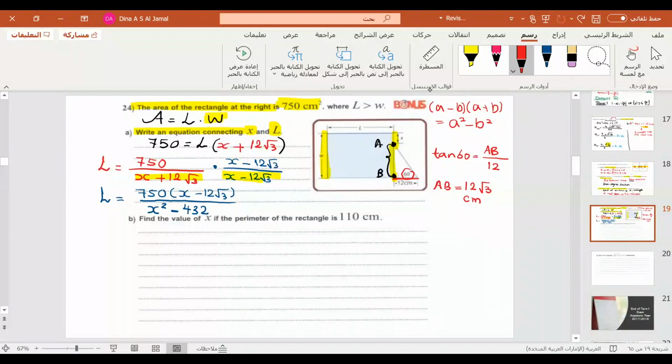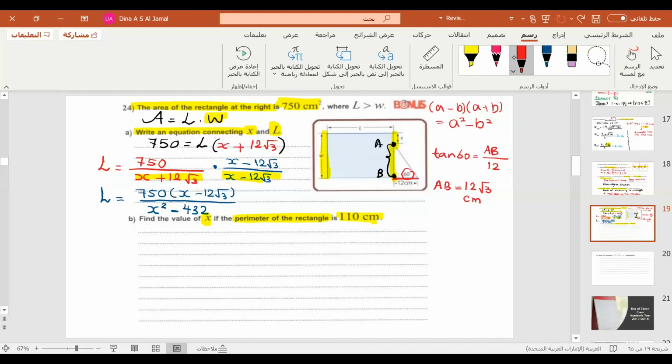Now, he's asking you, find the value of x if the perimeter of the rectangle is 110. So now he gave you the perimeter. He gave you another thing. So using this perimeter, you can find one of the equations to use it later for substitution.